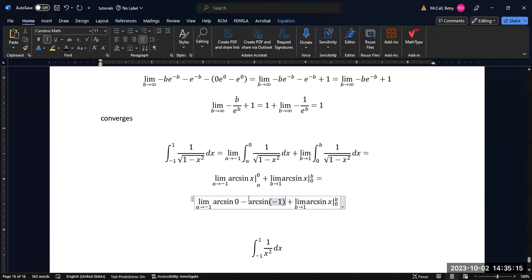Again, our limit negative of A. And then same thing here. This will become arc sine of B minus arc sine of 0. Now, arc sine of 0 is 0, so that will reduce considerably in both cases.